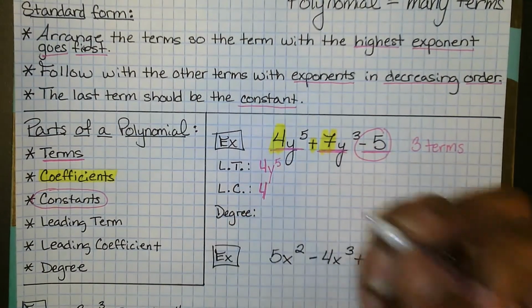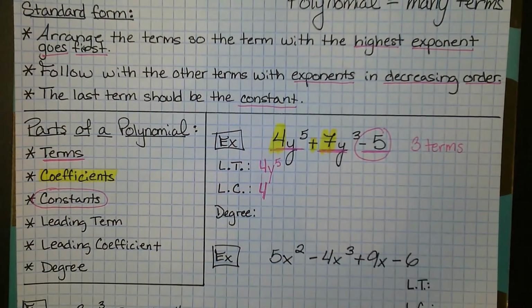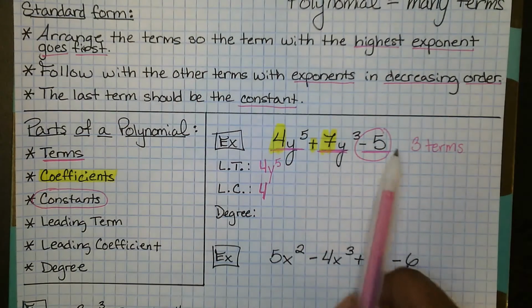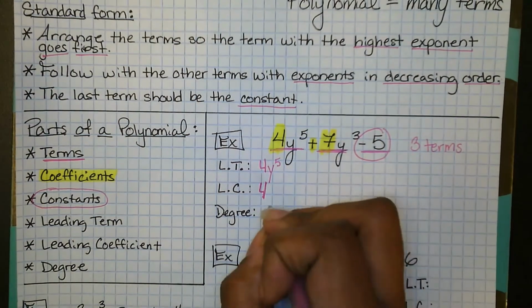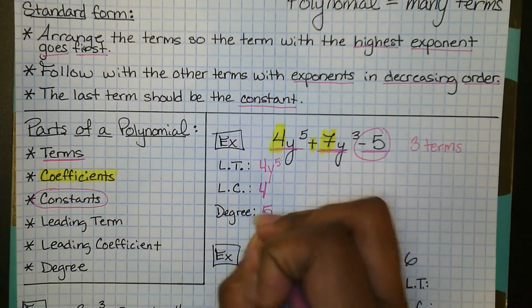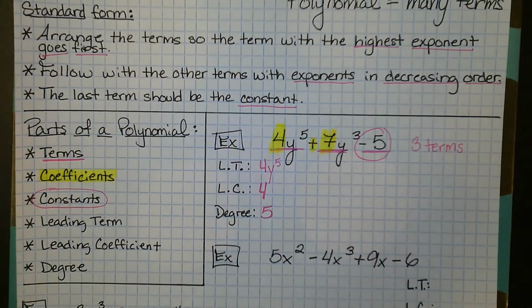And the last thing we need to determine is the degree of the expression, and that is the highest exponent. And if you look at our expression, the largest exponent is 5, so the degree of the polynomial is 5.